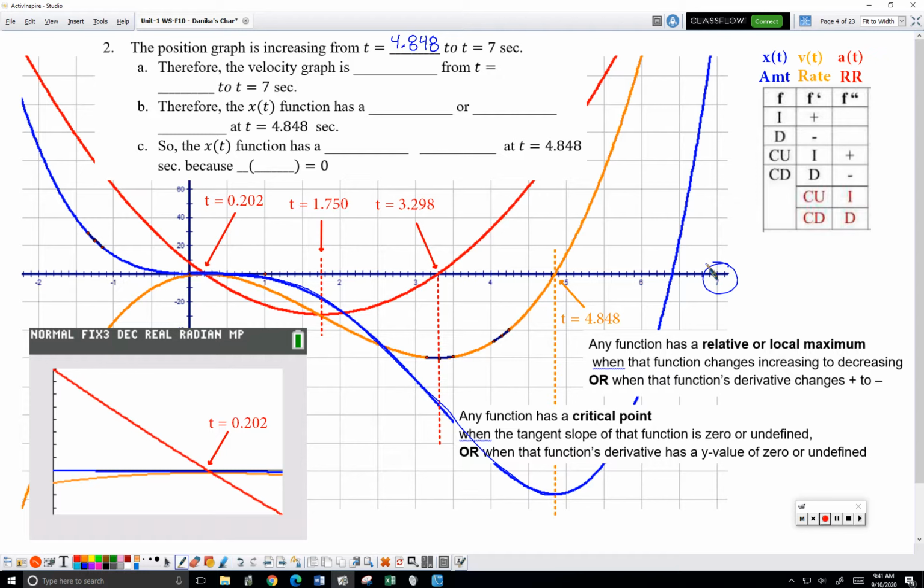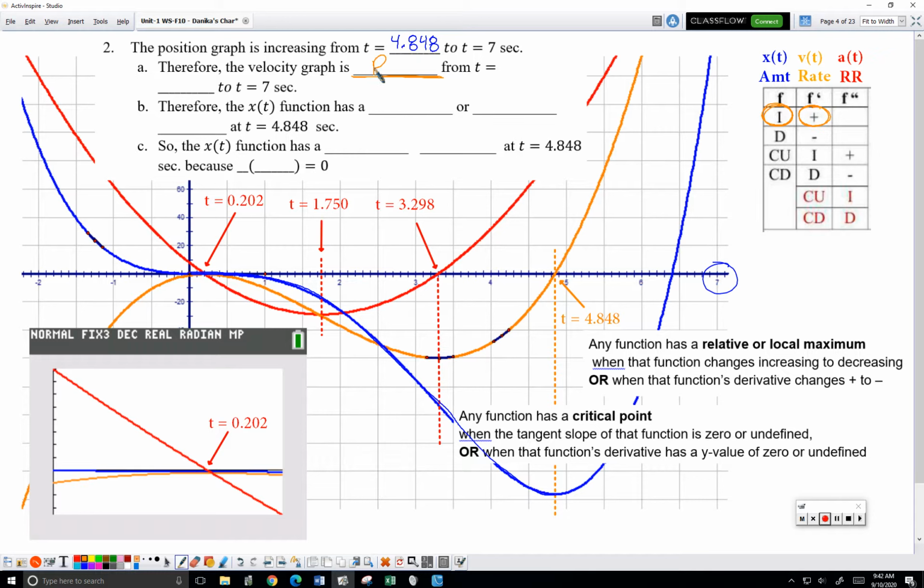So now it says, therefore the velocity graph is, and again, this is not meant to be hard, but I think you learn better if you say it versus I say it. So raise your hand if you know what goes in this blank right here. Don't overthink it. It's not supposed to be hard. Allie? Positive. Right here. When the position graph is increasing, when the y coordinates of position go up, the y coordinates of velocity must be positive.